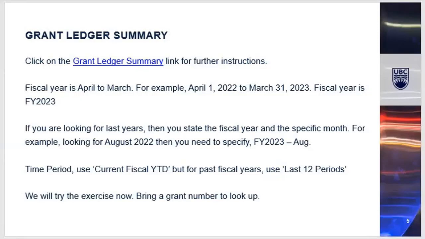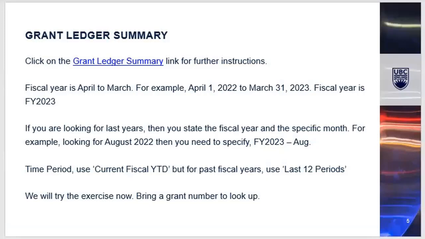So if you want to look at your grant, just look at the expense, but not actually your balance available, you can go through that route and pull it up. But it's not going to be accurate in terms of your balance available or the budget information. Sometimes it loads, sometimes it doesn't, and you don't know when it doesn't, right? So best to do it as a grant ledger summary.